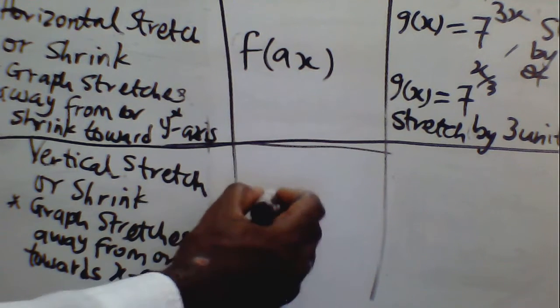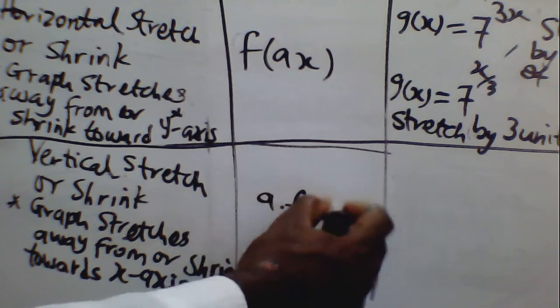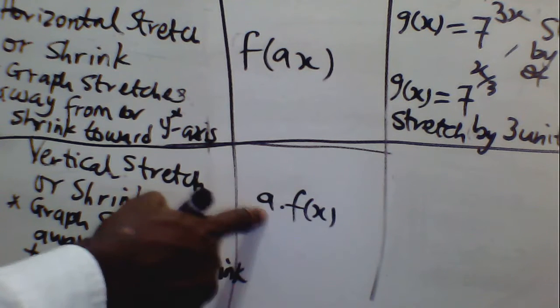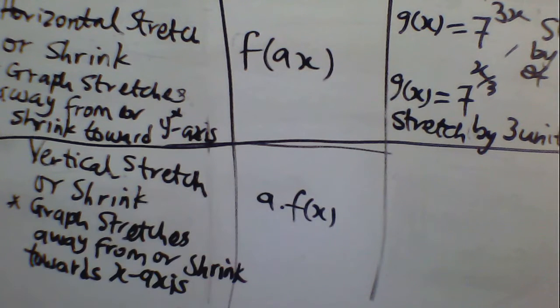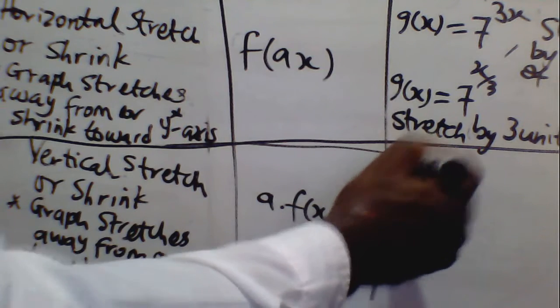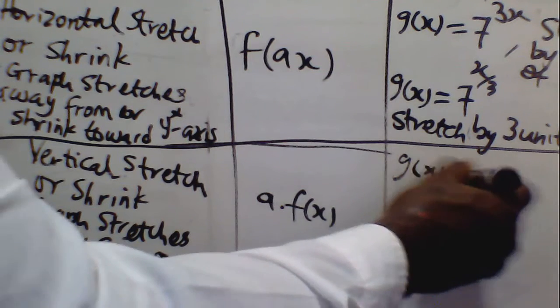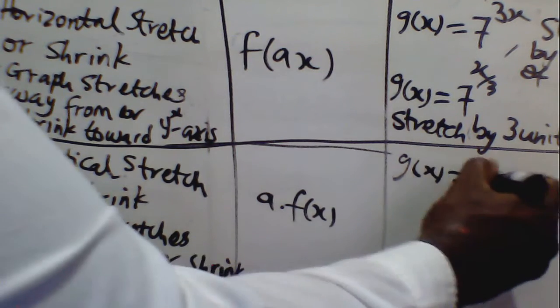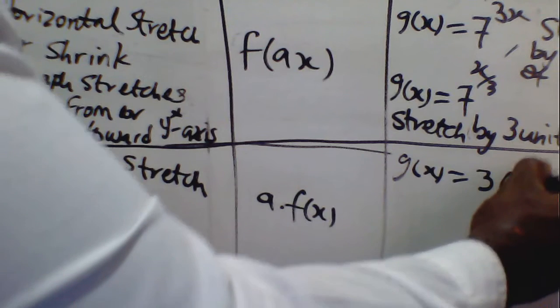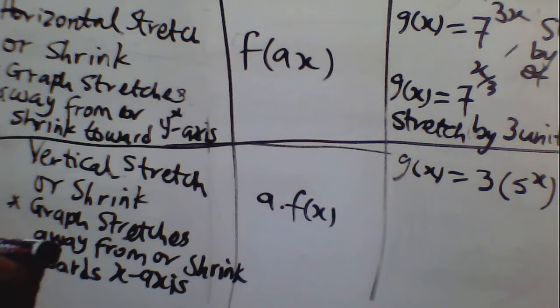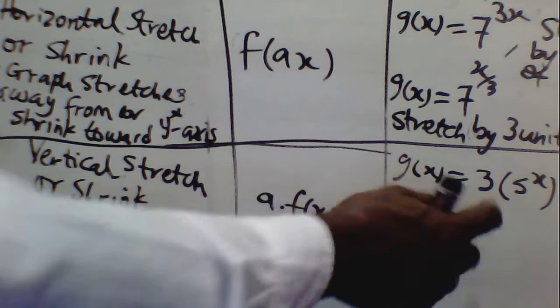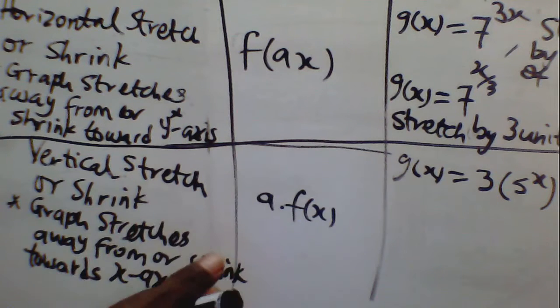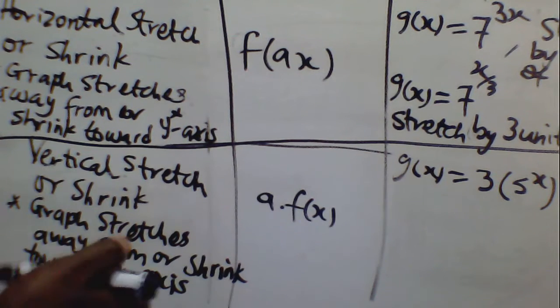So the function that represents it is of this form: a, that is the constant multiplied to the function. So we have g of x, for example, 3 multiplied to a function. So here it will stretch for vertical. The constant we represented it in that way. There is no reciprocal.